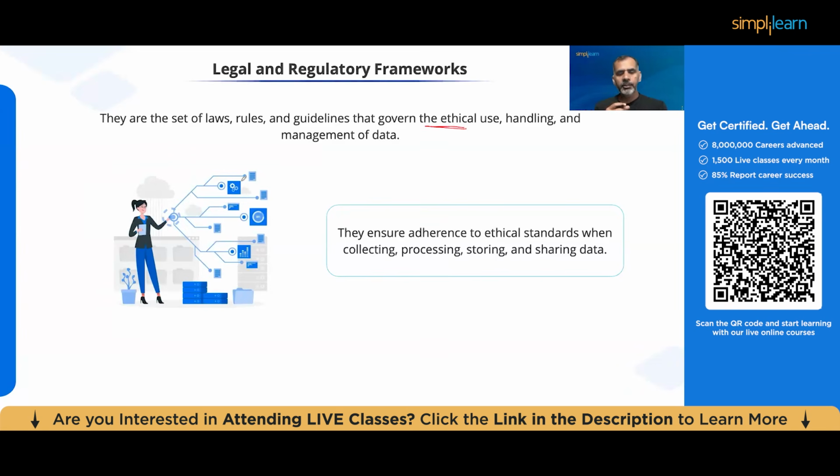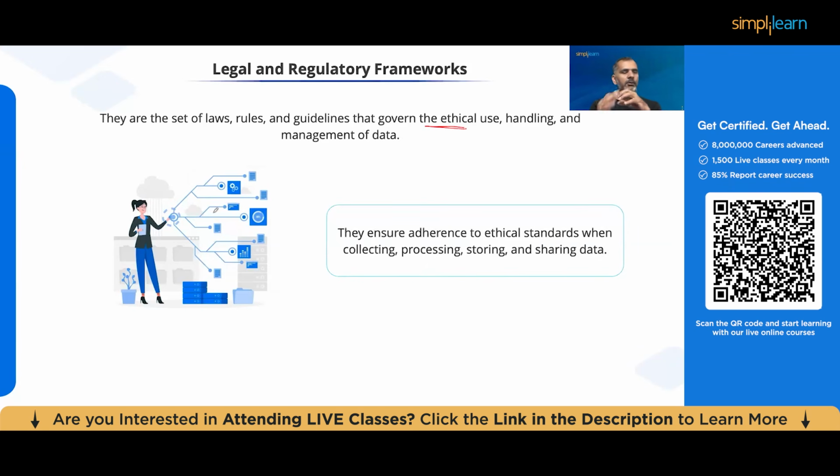When I say ethical data practices, we talk about how to use the data, how to store the data, how to process the data, and if you are sharing data with a third party, what the rules of sharing are. These frameworks ensure that ethical standards are imposed in every data organization when it is collecting, storing, using, or sharing data.